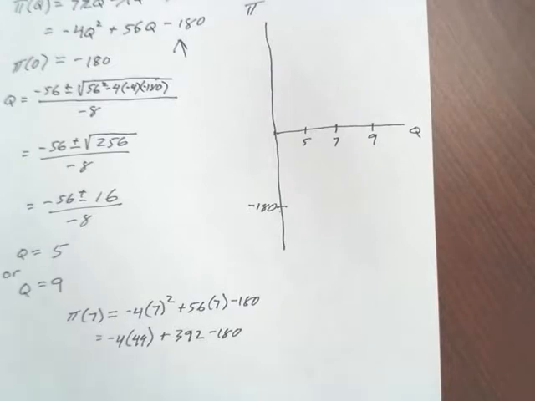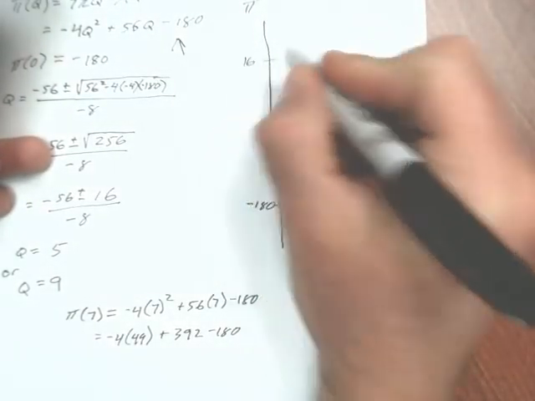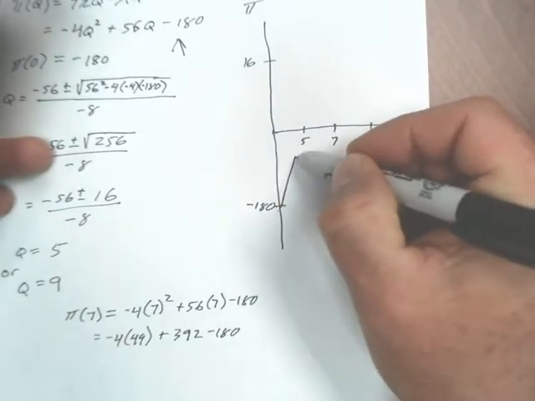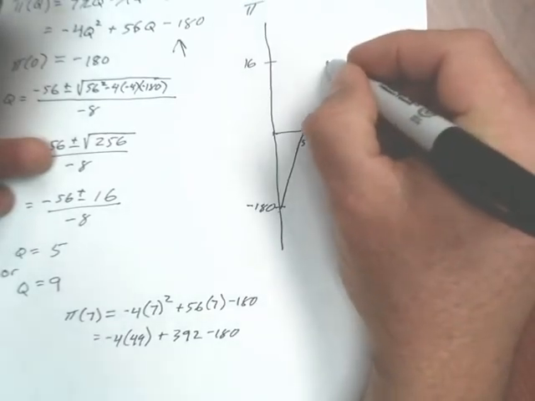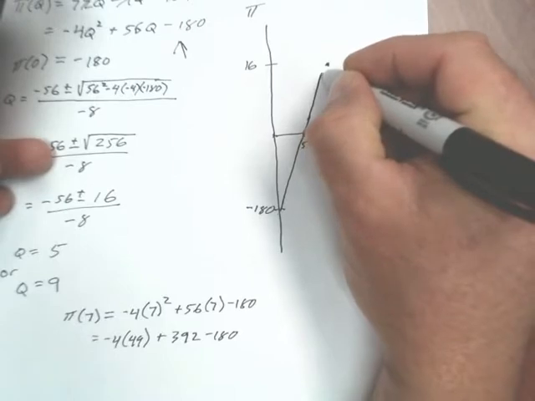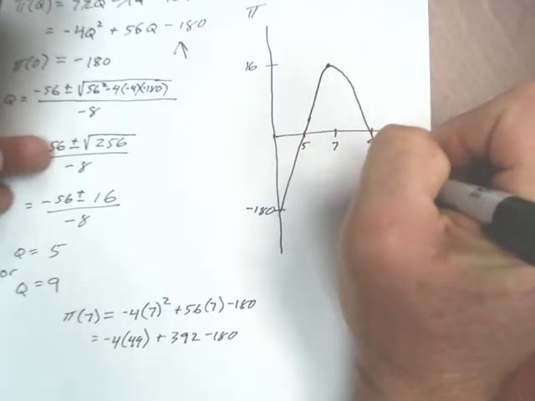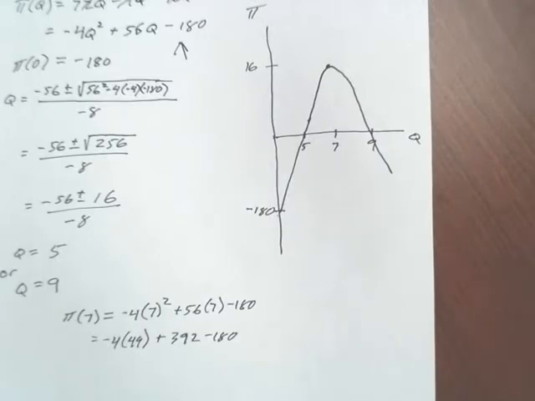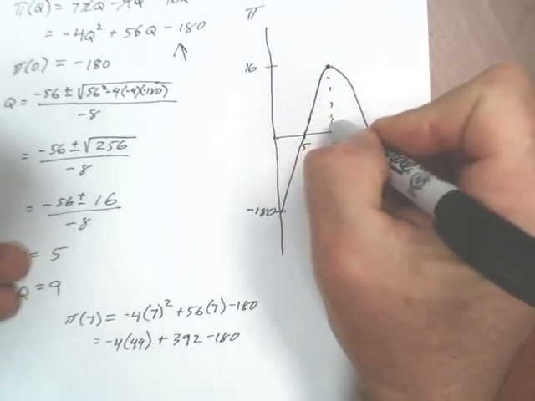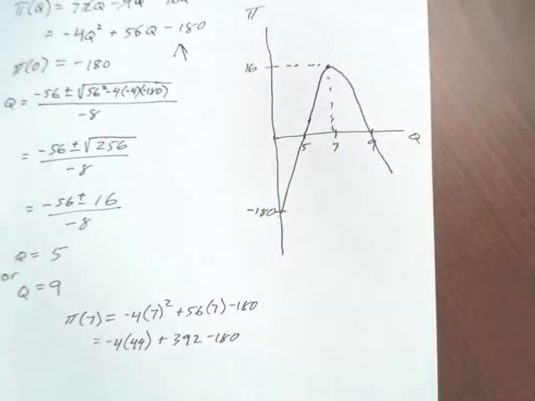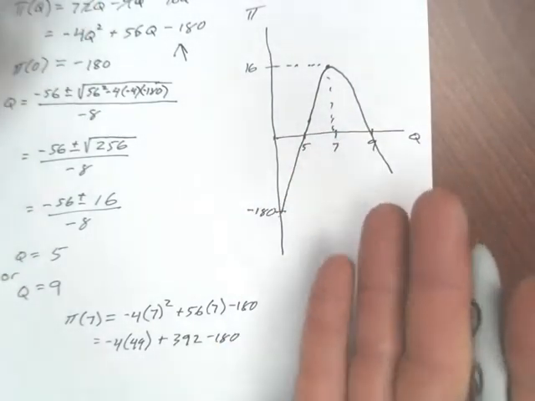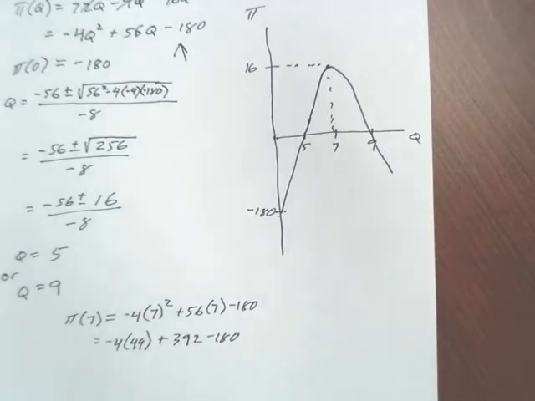That equals a profit at 7 units of 16. So my profit function looks like that, and my profit maximizing output level is 7. I'm making 16 units of profit, whatever that is, at 7 units of output.